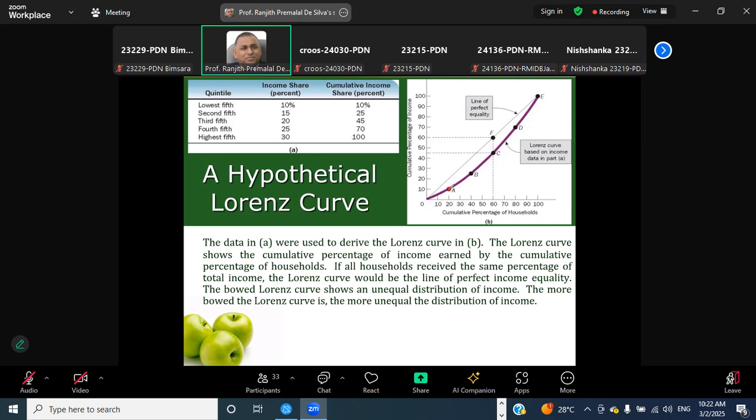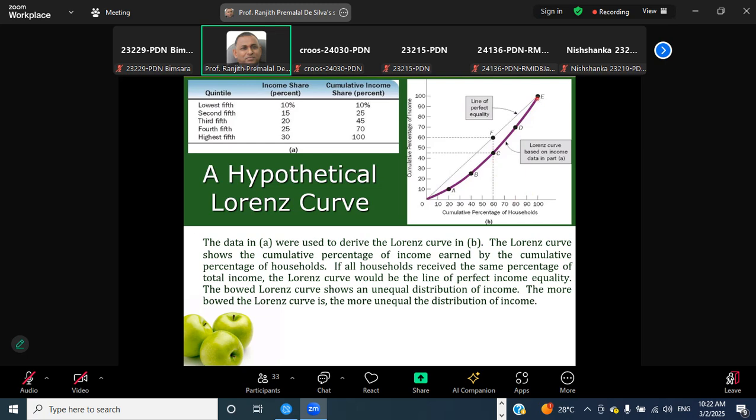If you look at this first 20, value is 10. Second 20, cumulative is 40 of the households, value is 25. Third cumulative block is 40 plus 20 is 60, you get 45. Next block is 80, you get 70, and 100, you have the 100.